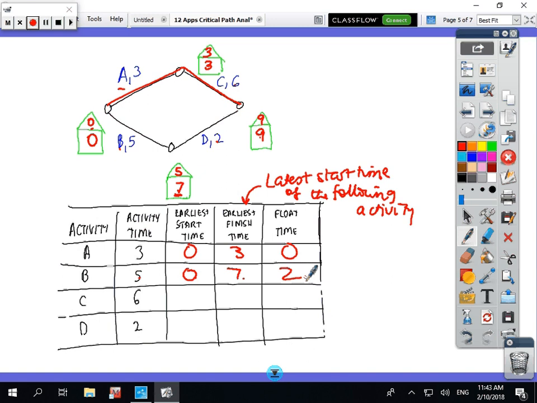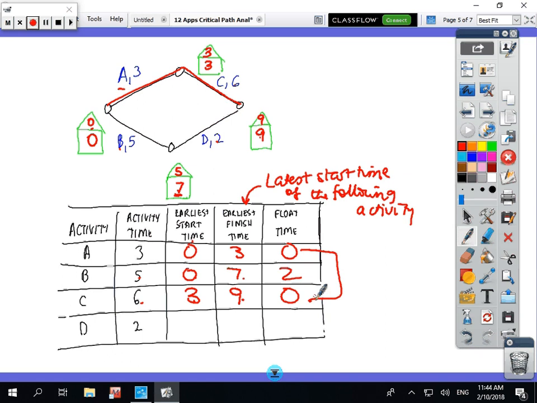Activity C, the earliest start time is at 3 minutes and the finish time is at 9 minutes, so 9 minus 3 minus 6 is 0. Once you've got zeros, that becomes a critical path.